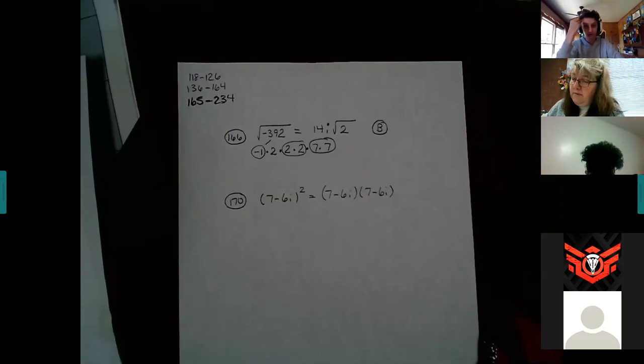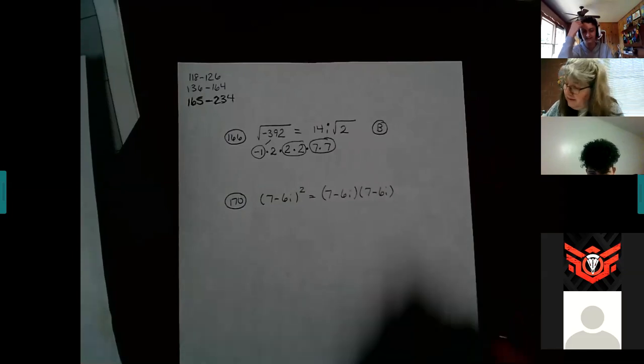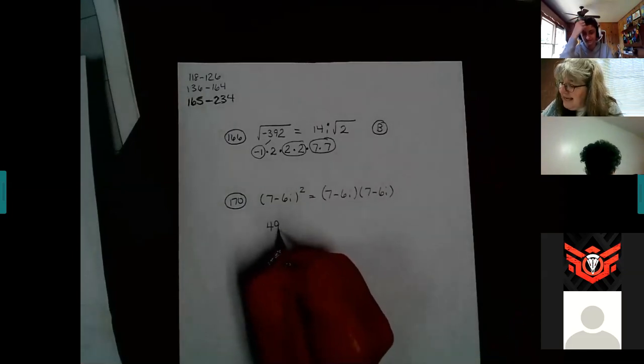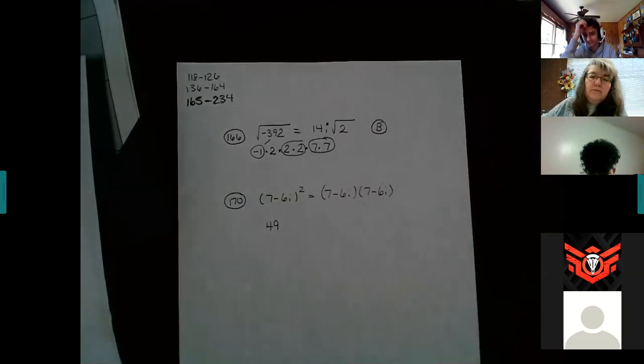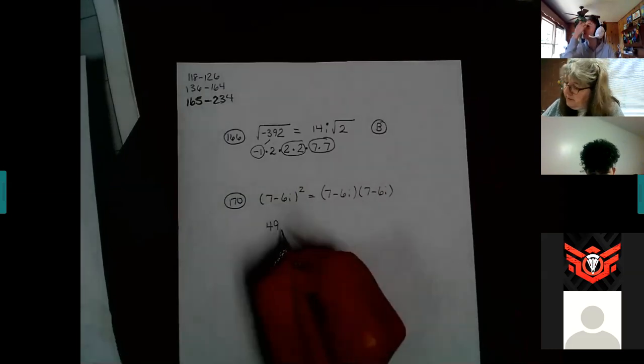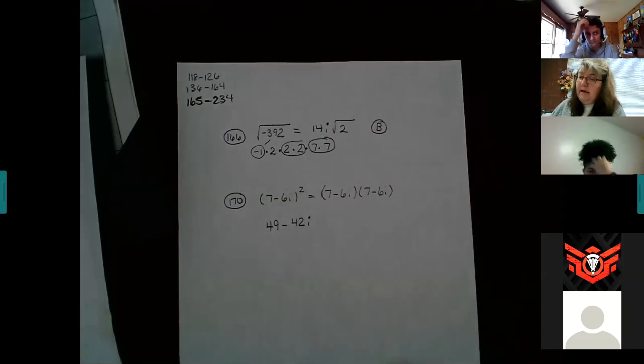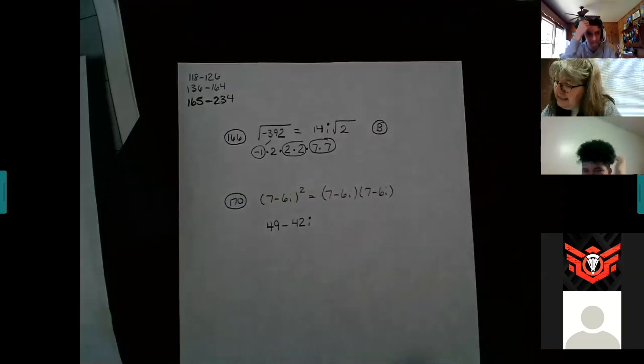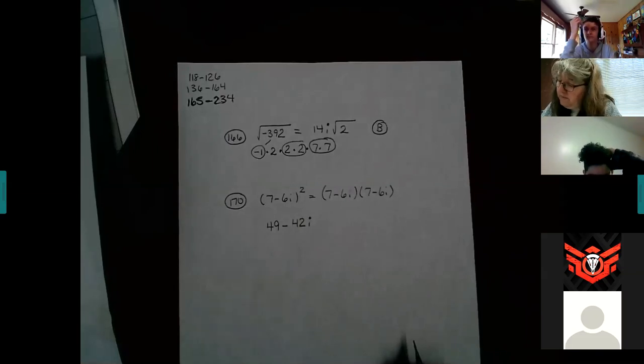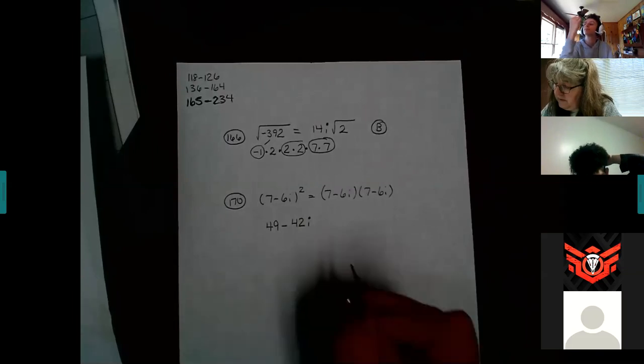The first: 7 times 7 is 49. Okay. Derek, what's the outer? Negative 42i. Okay. Merrick, what's the inner? Negative 6 times 7, right? Negative 42i.